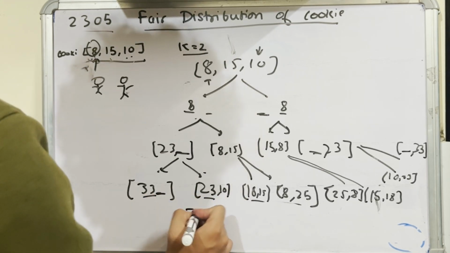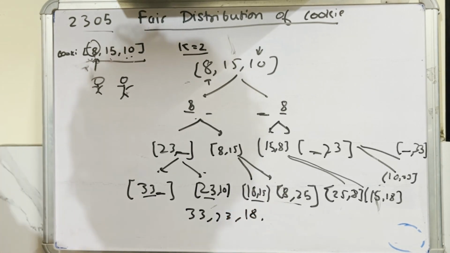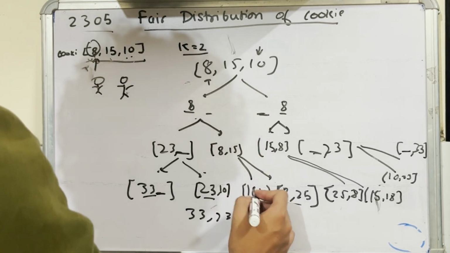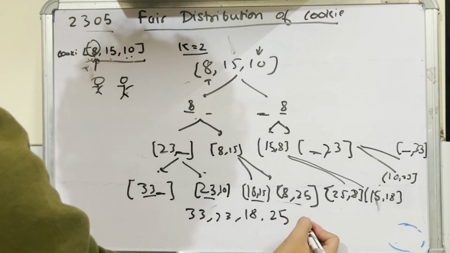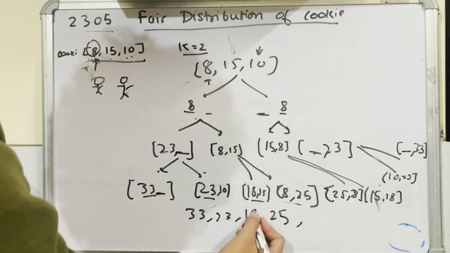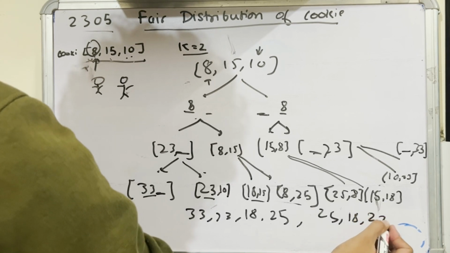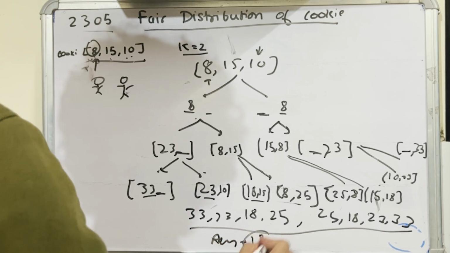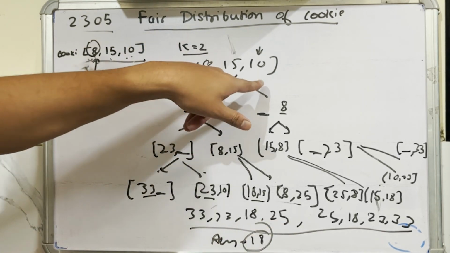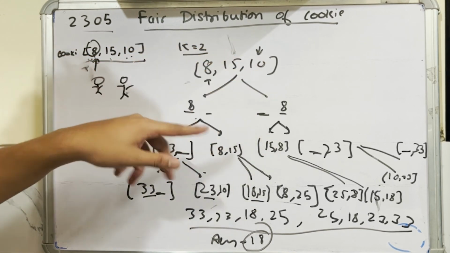So let me take out all maximums: 33, 23, 18 comma 25, 25, 18, 23 comma 33. So answer will be 18. As you can see, you can give 10 and 8 to one guy, and the 15 to the other guy. So answer will be 18 minimum.